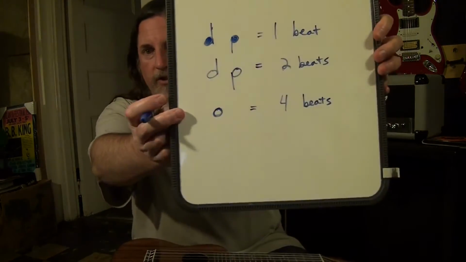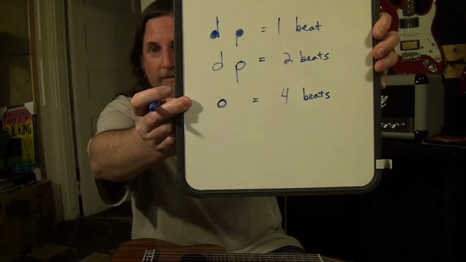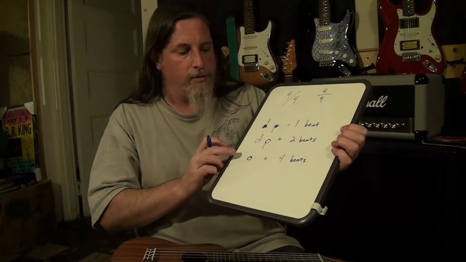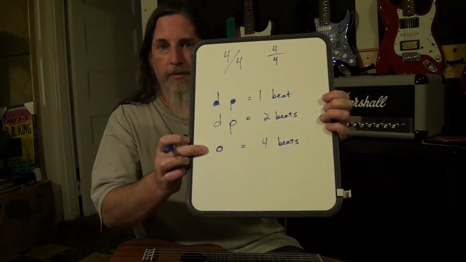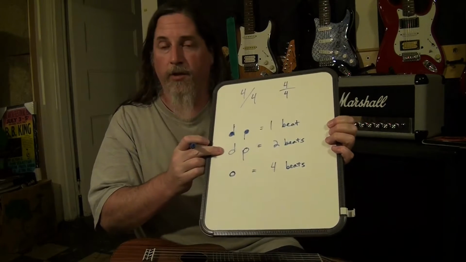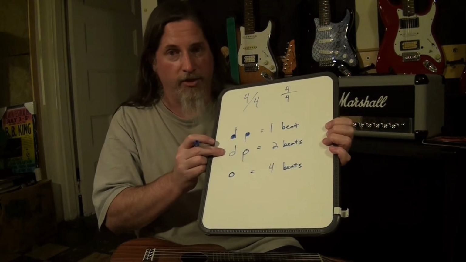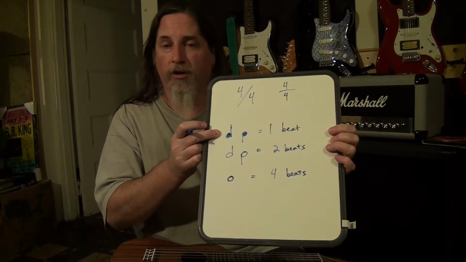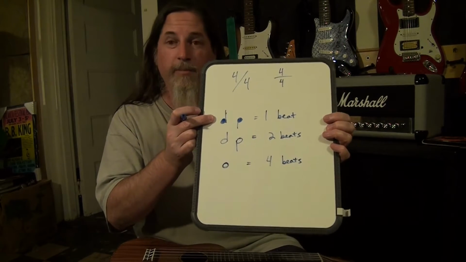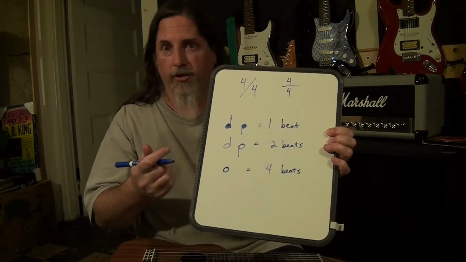And a whole note looks just like a little circle. So we have the whole note is 4 beats, the entire measure. A half note is 2 beats, half of a measure. And a quarter note is 1 beat, and that's 1/4 of a measure.